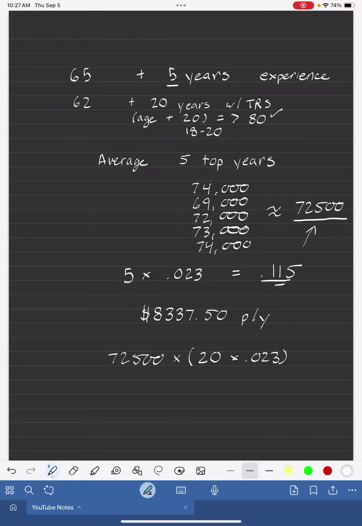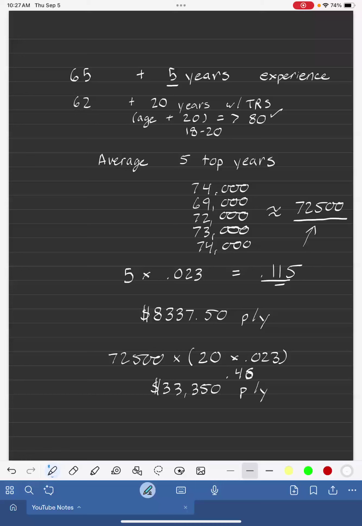So let's go ahead and do the math. 20 times 0.023. So this is 0.46. Multiply that times 72,500. So this means per year you would make about $33,350 per year.